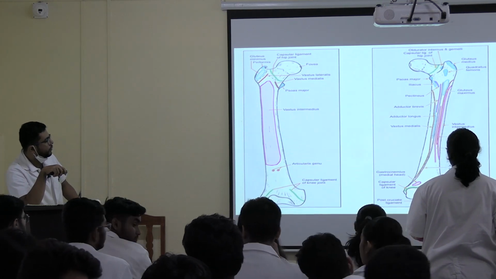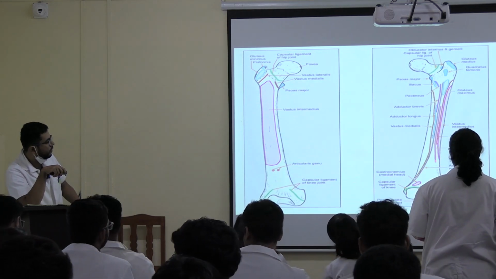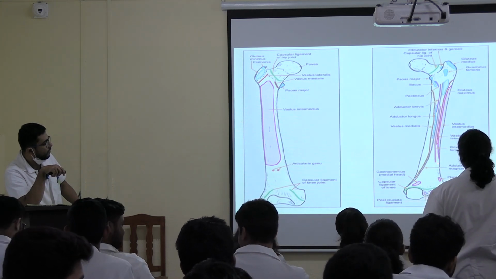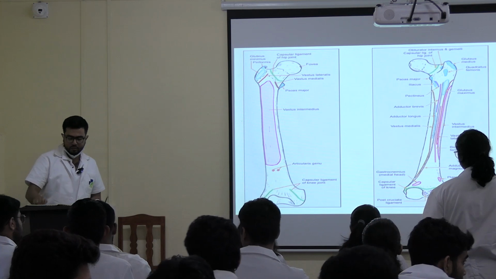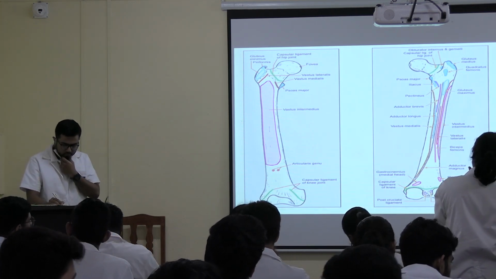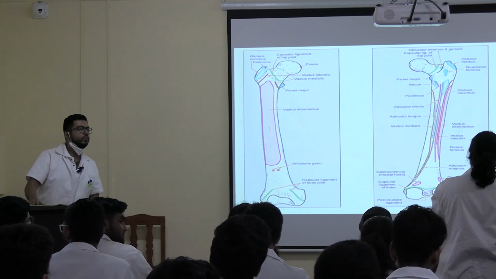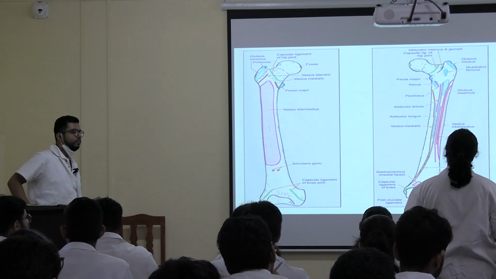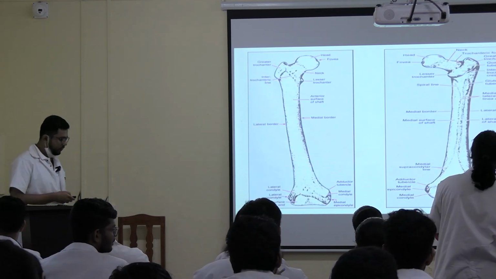This is a muscle, biceps femoris, from here to here. Make a guess, where is this attached? And on the lower part?